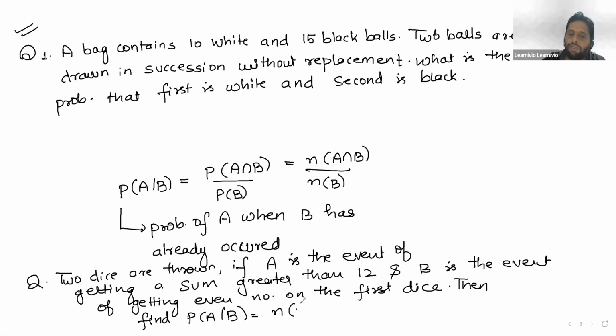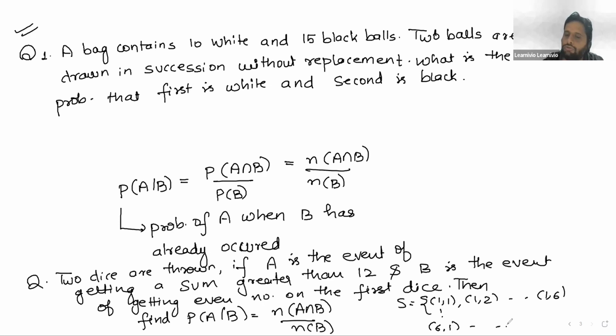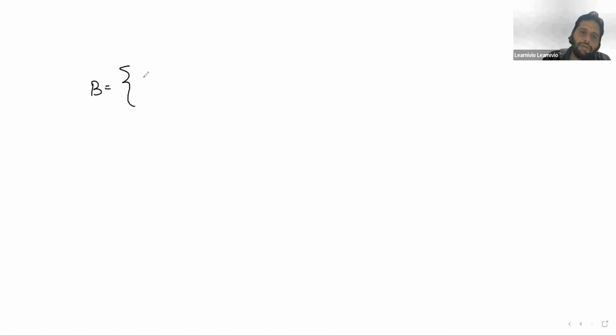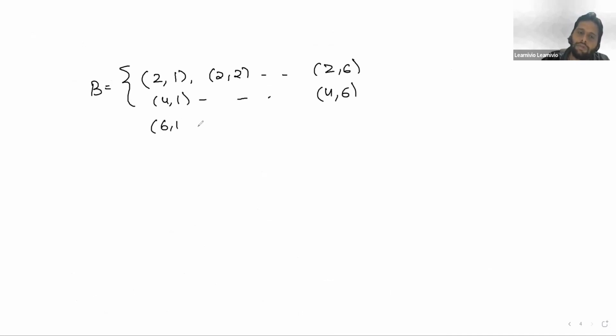As per this formula it will be n(A intersection B) by n(B). Now we need to find the events first. The sample space you already know: it starts from 1 1, 1 2 up to 1 6, and so on up to 6 1 to 6 6. Now B means getting an even number on the first die, so B can have 2 1, 2 2 up to 2 6, similarly 4 1 up to 4 6, and 6 1 up to 6 6.